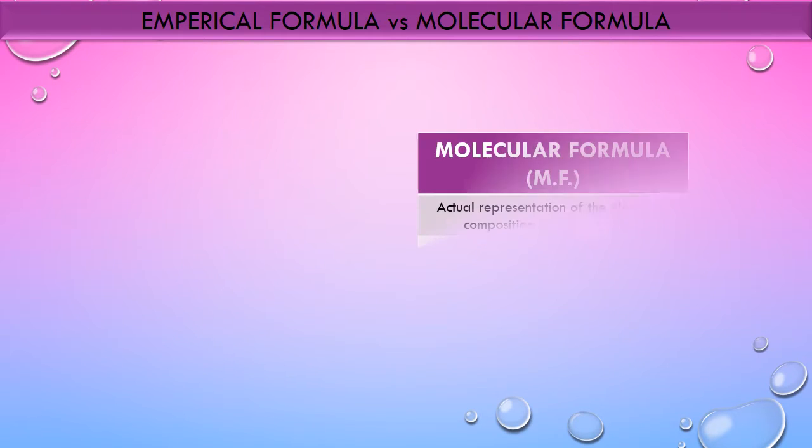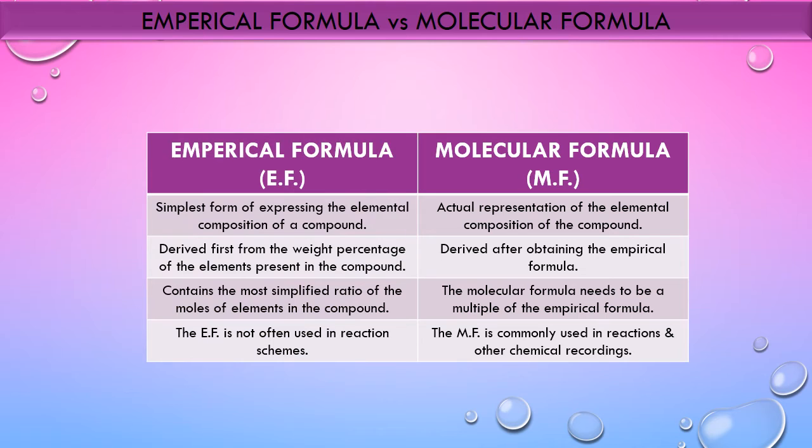Next, what is empirical formula and what is molecular formula? Now, empirical formula is the skeletal formula, the simplest form of expressing the elemental composition of a given compound. It is derived from the weight percentage of the elements present in the compound, and it contains the most simplified ratio.